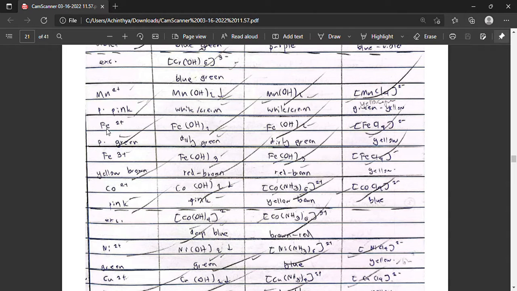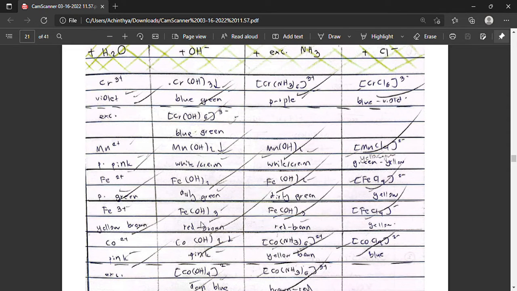The ferrous iron is pale green in color, while the ferric iron is yellow-brown in color. When hydroxide is added, it forms their respective hydroxides. Ferrous ions form ferrous hydroxide, which is dirty green in color, while ferric ions form ferric hydroxide, which is red-brown in color. These are precipitates.